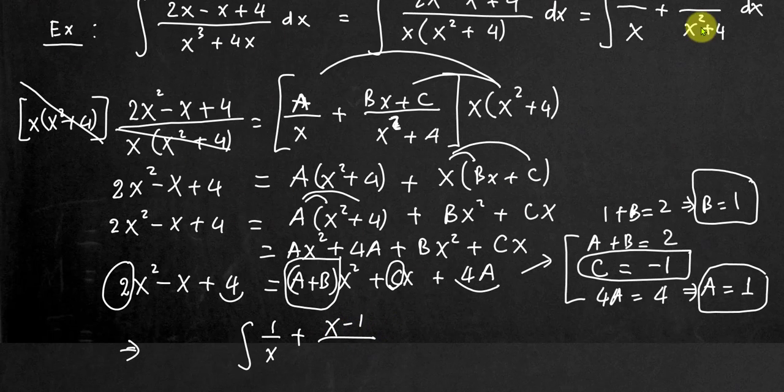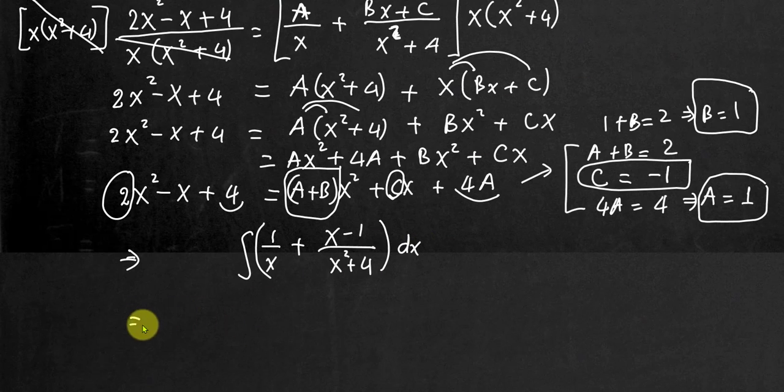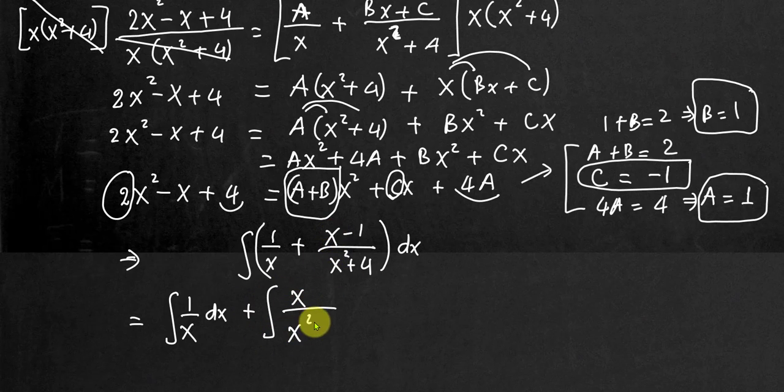Minus 1 over x squared plus 4, and then take the integral with respect to dx. And then from here, I can further split the integral into 1 over x dx, and then I can add the integral of x over x squared plus 4 dx, and then minus the integral of 1 over x squared plus 4 dx.